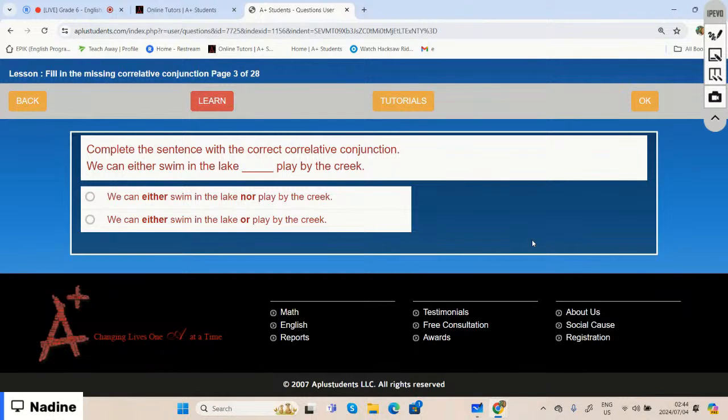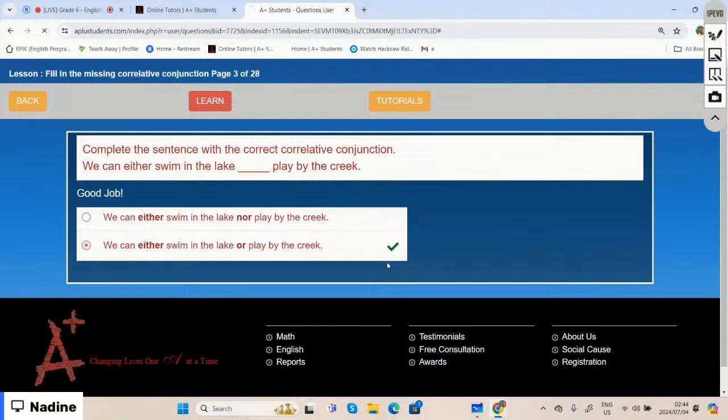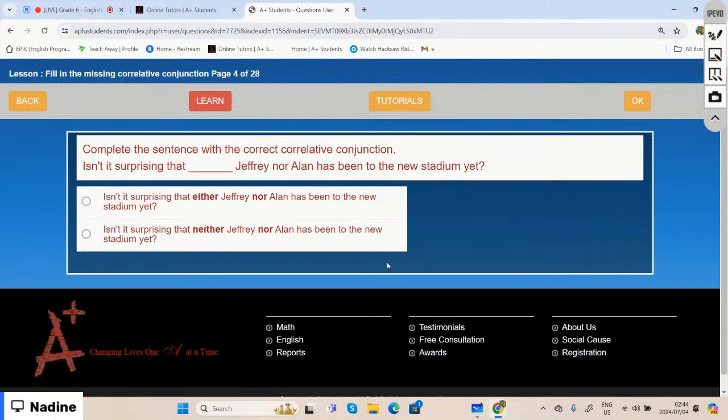All right, so if we were to say either, the pair for either, right? So we can say we can either swim in the lake or, option two, play in the creek. Because either or goes together, neither nor goes together.